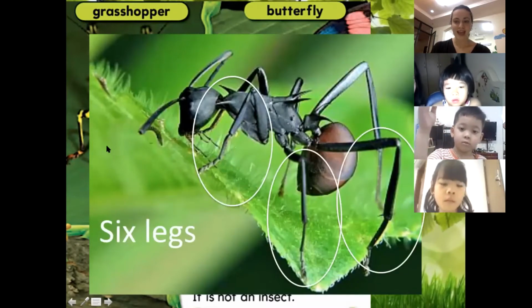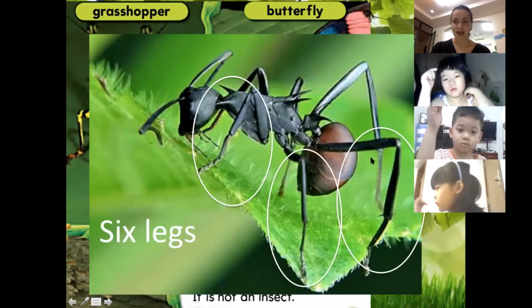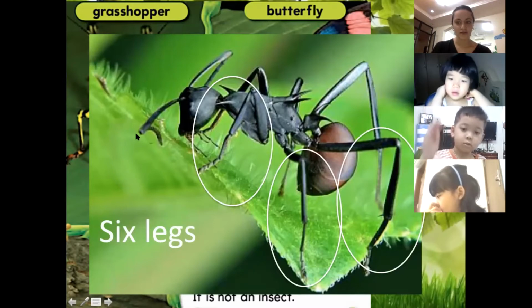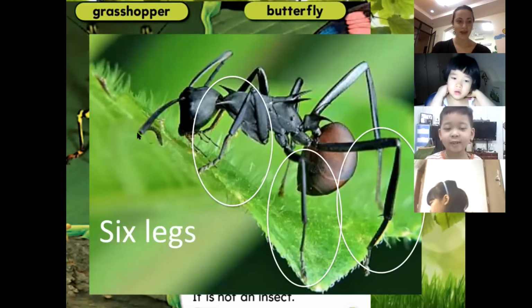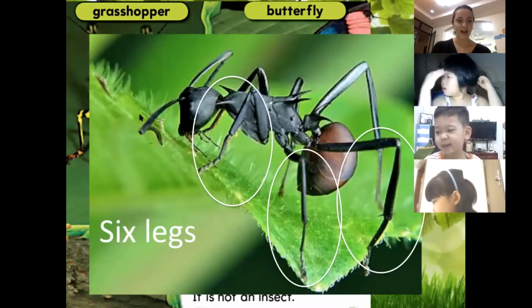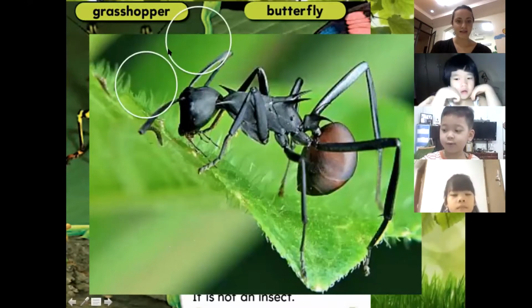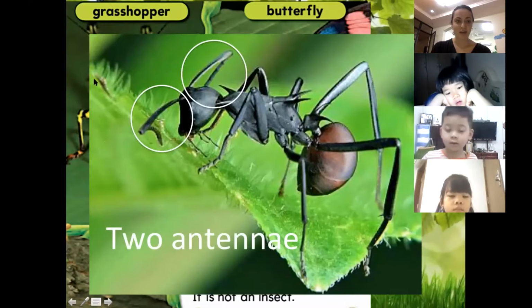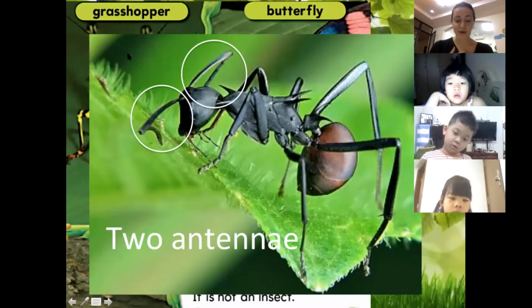How many antennae do insects have? George? 2 antennae. Very good. So it's 1 antenna, 2 antennae. That's my mistake from last class. I don't think I pronounced that word correctly.